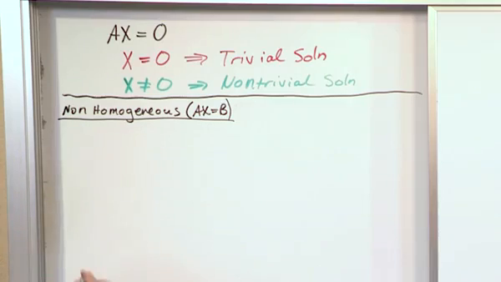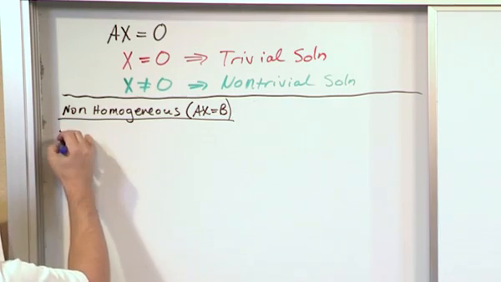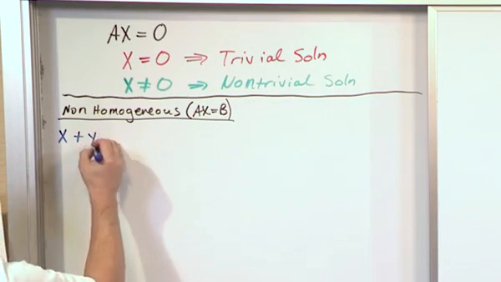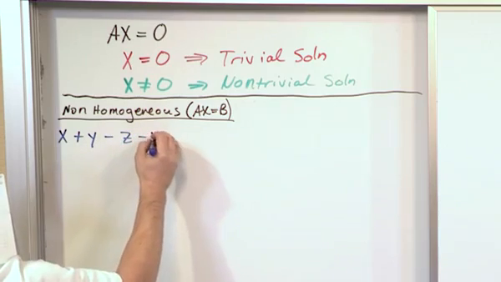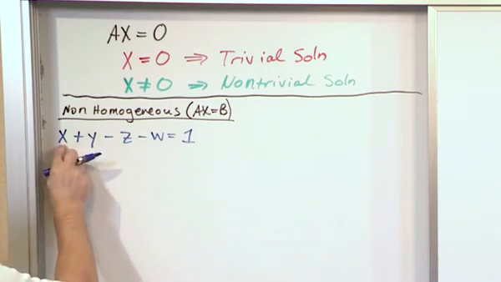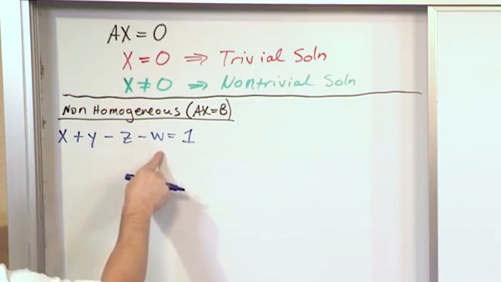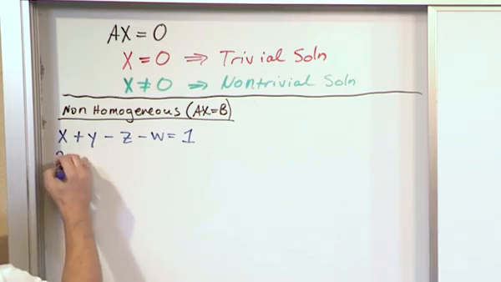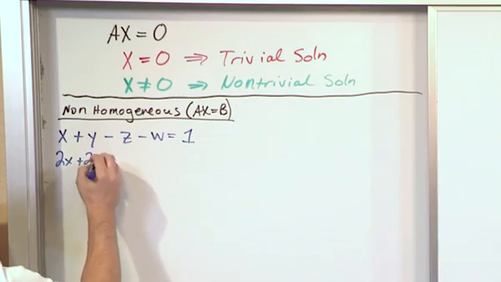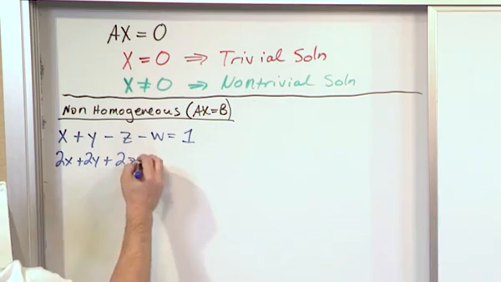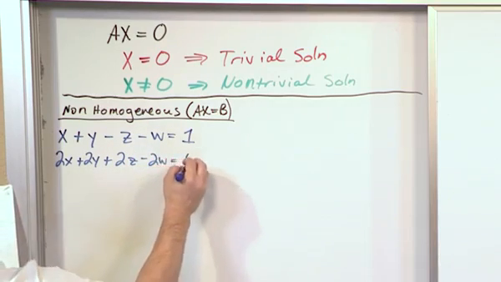So if I have a set of equations, X plus Y minus Z minus W is equal to 1. This is 4 variables, X, Y, Z, W. The next equation would be 2X plus 2Y plus 2Z minus 2W is equal to 6.